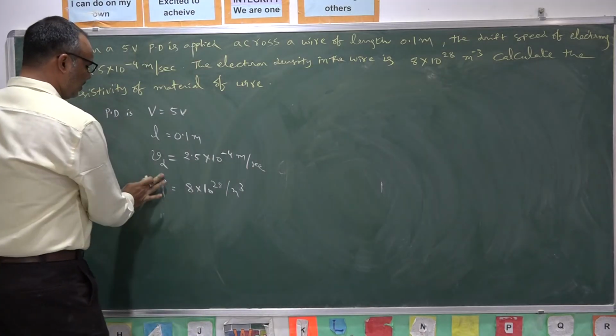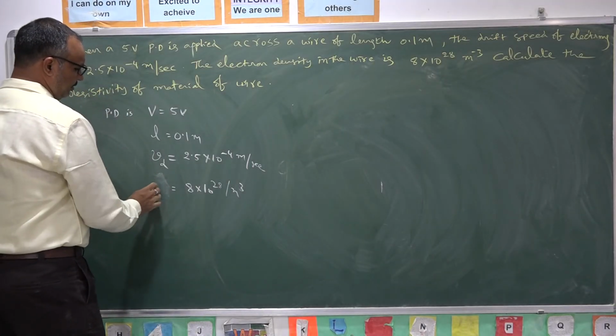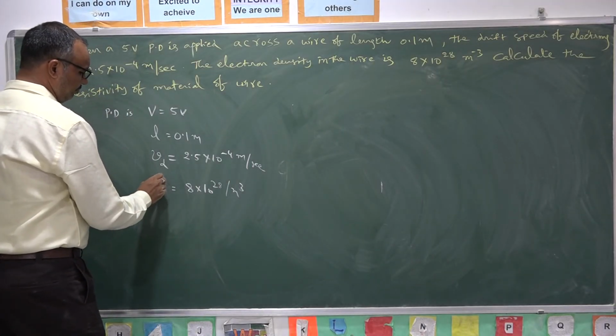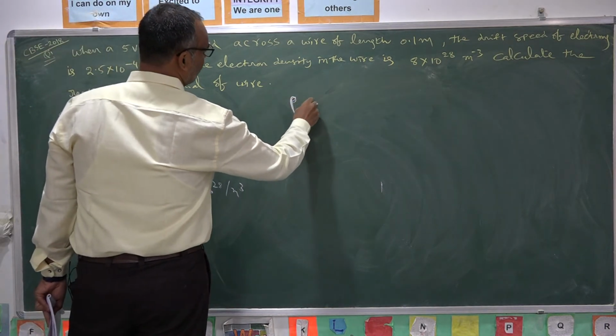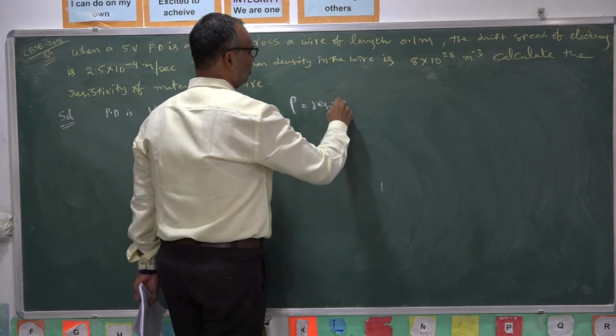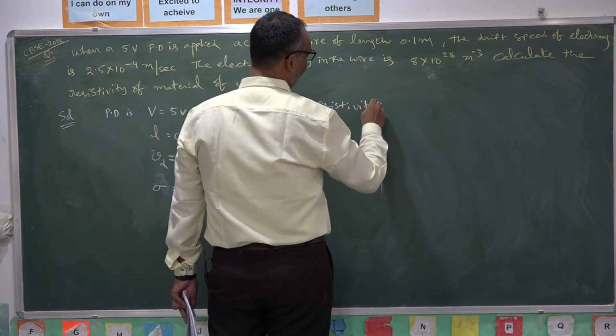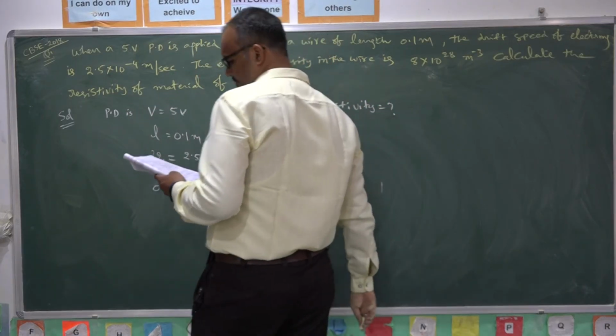Let me take the density as sigma, resistivity as rho. Resistivity of the material is the question mark.